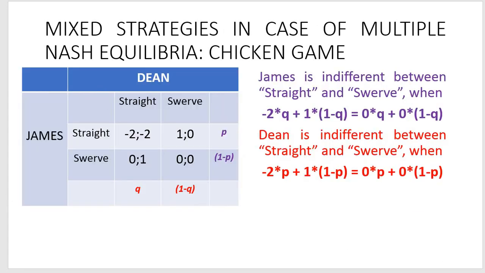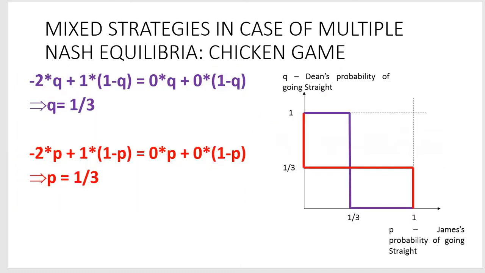So Dean's probability of going straight should be equal to 1/3, and probability of swerving should be equal to 2/3. And James' probability of going straight should also be equal to 1/3. Again, I skipped all the steps with drawing best response functions because I believe at this point you can do it yourself.